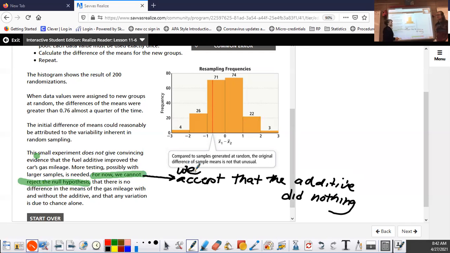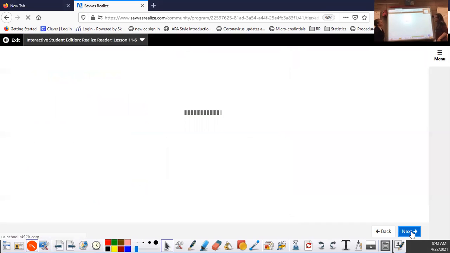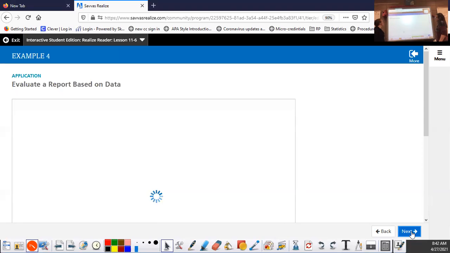But you'll see this language and you'll have to rethink it a couple of times, because we cannot reject it. Meaning, in an experiment where you had a result that was substantial, you would reject the null hypothesis, which means your treatment did something.